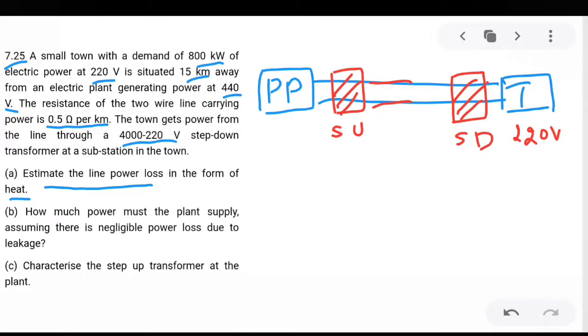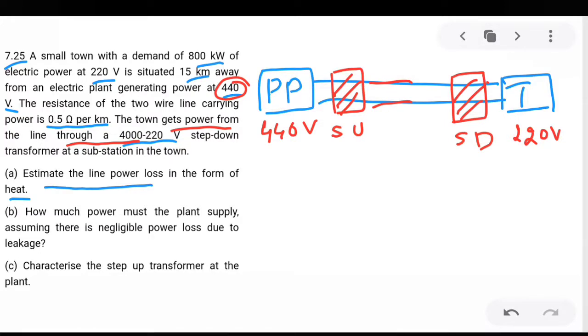Okay, and at the generating station, the voltage that is generated is 440 volt, that is given in the question. So here it is 440 volt. Now it is given that the town gets the power from the line through a 4000 to 220 volt step down transformer.